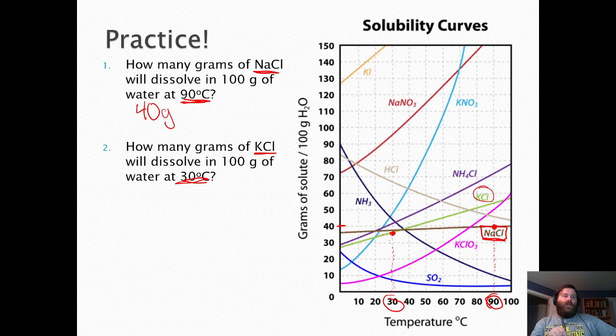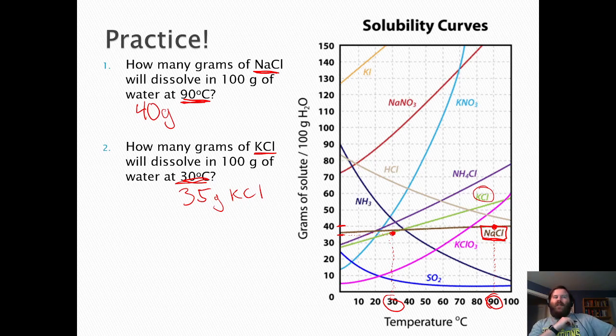Then we go to the side and see where that point is on the y-axis. And it's probably about 35 grams. So 35 grams of KCl will dissolve in 100 grams of water at 30 degrees Celsius.